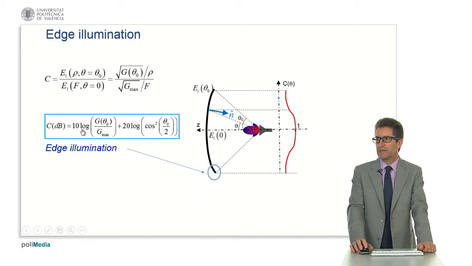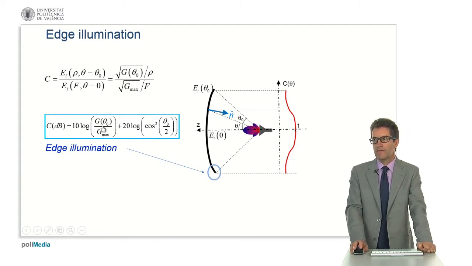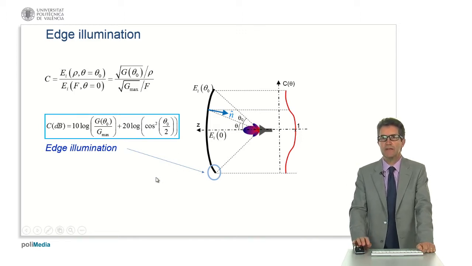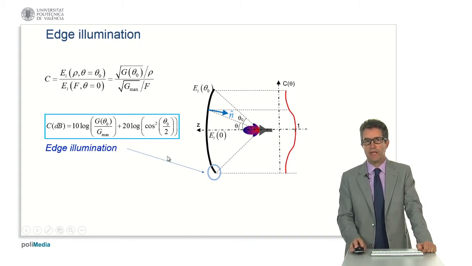The expression in logarithmic form depends on the ratio of the gain of the feed antenna, typically the horn antenna, at the edges of the reflector and in the direction of the axis of the paraboloid, and another term which depends on the difference between the distance from the focus to the edge of the reflector and the distance from the focus to the center of the reflector. We will use this parameter in order to design an optimum parabolic reflector antenna.